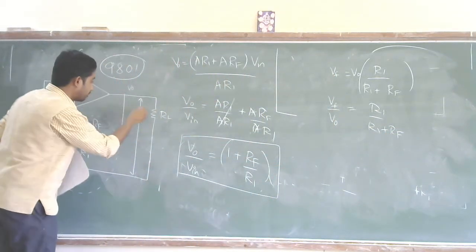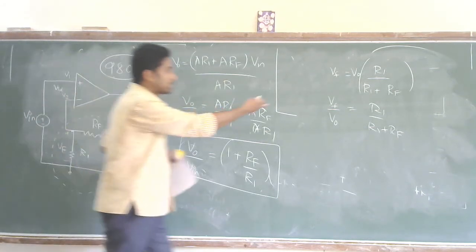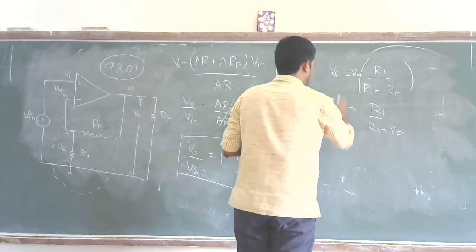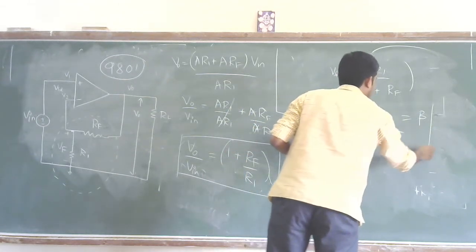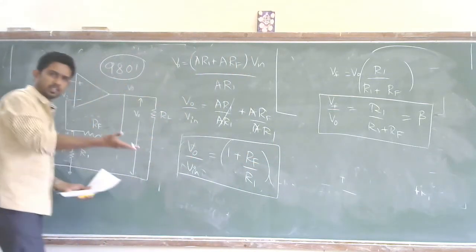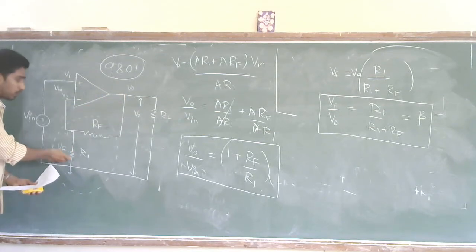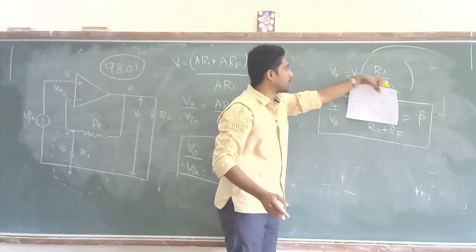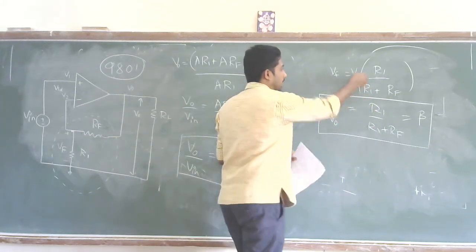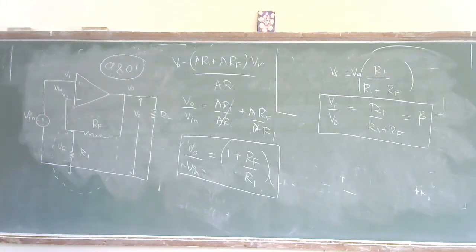Please remember this: feedback voltage divided by output voltage, that is Vf by V0, will always give you the value of beta. So that is the value of the resistive feedback network. I have taken V0 down, so this Vf by V0 will give you the value of beta. That will help you in understanding the concept of beta.